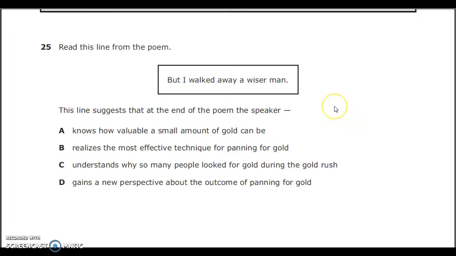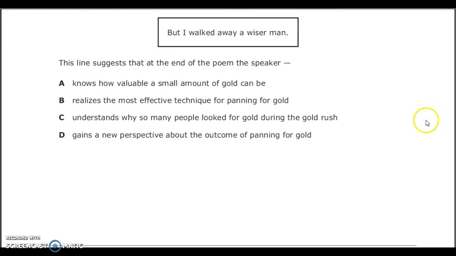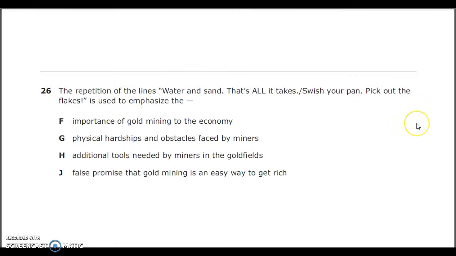Anytime you get a question like this, it means you have to go back to the text. Well, you got lucky in this case because they already gave you the text. But if the text is not here and you get a question like this, the line suggests, you have to go back to the passage, okay, and find your proof. So those are really important.